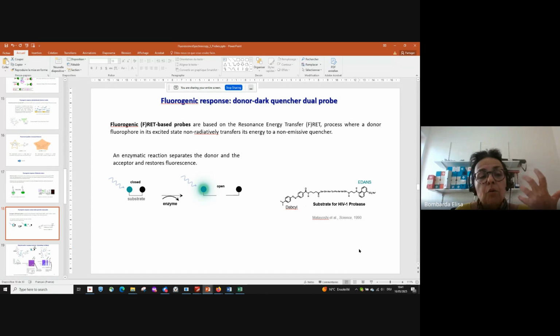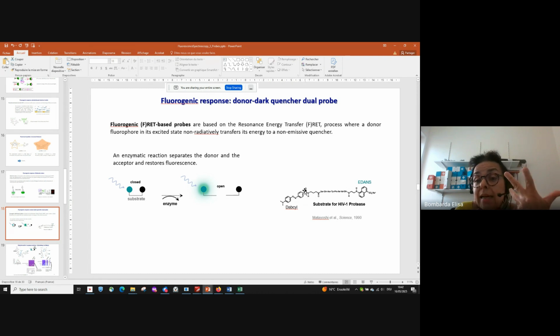So practically the conclusion of what we observed is that the product actually was not releasing. Particularly this part of the probe was not released after cleavage and was blocking the active site, and the enzyme could not work anymore.